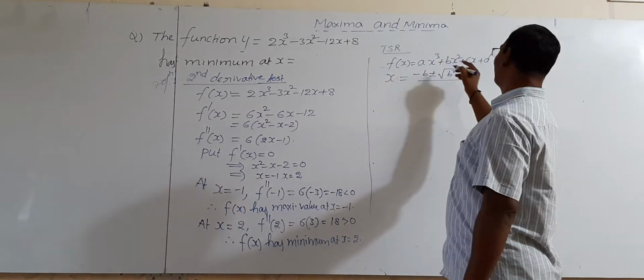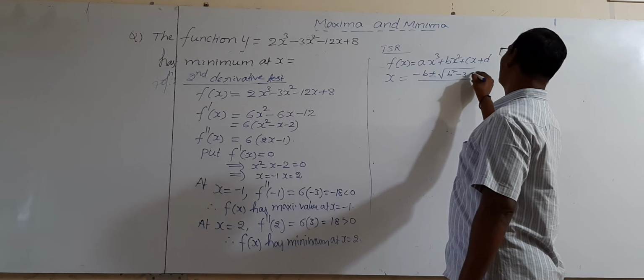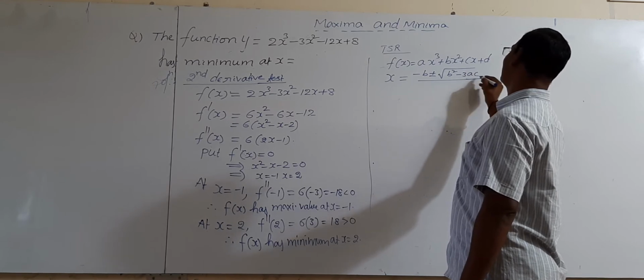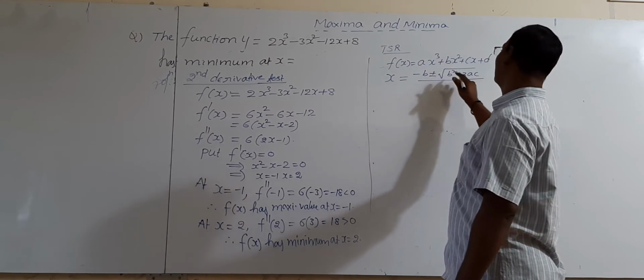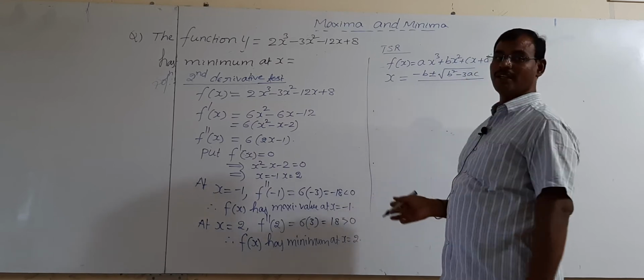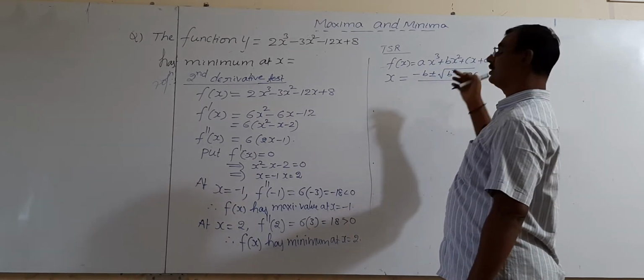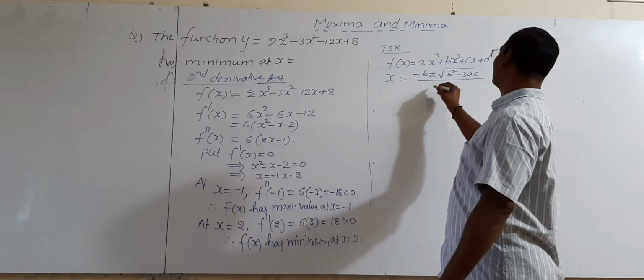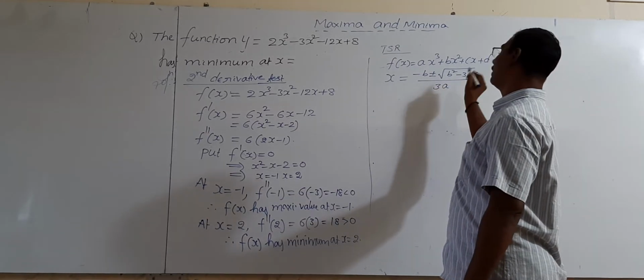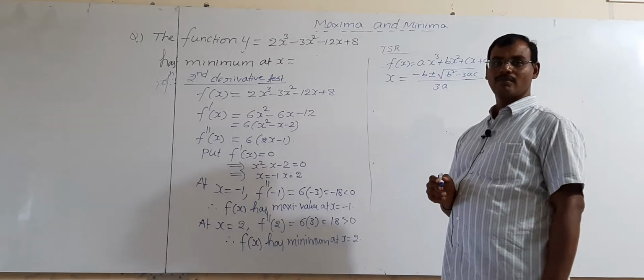Here for the cubic form I am just changing the numbers. Instead of b square minus 4ac, I am taking b square minus 3ac, divided by 3a.